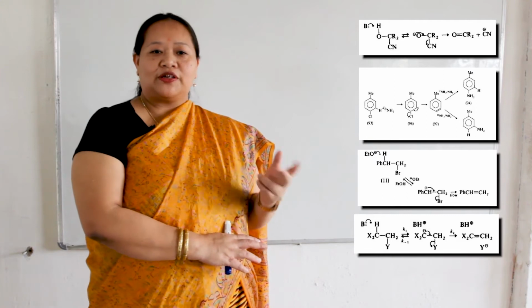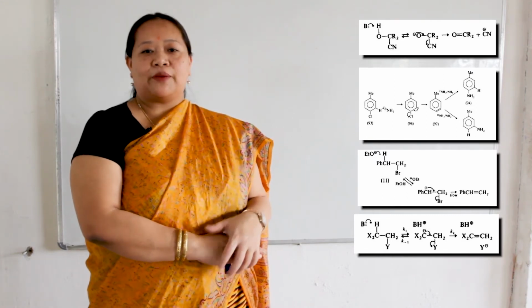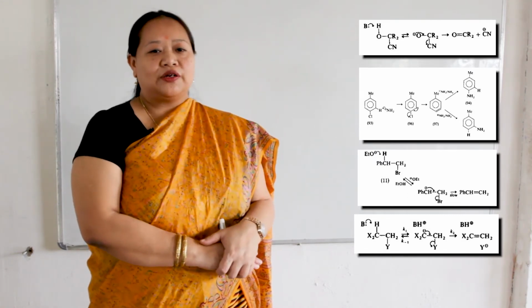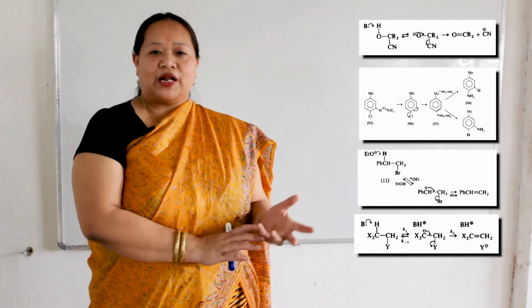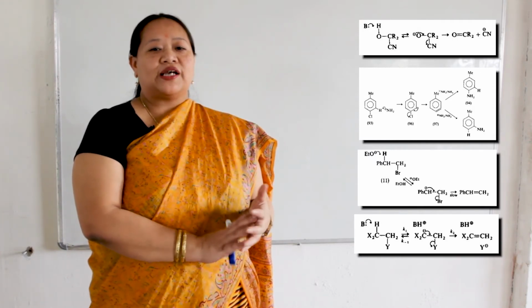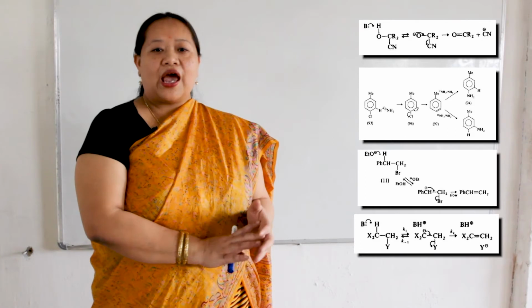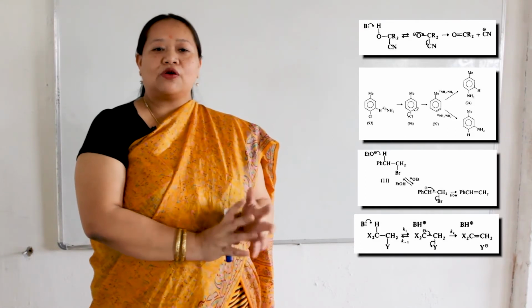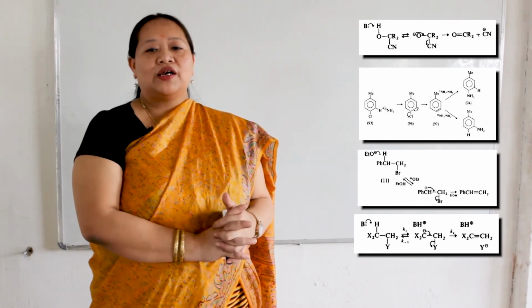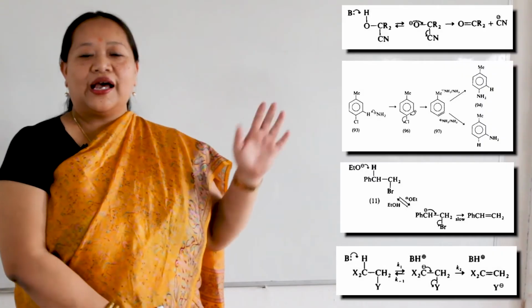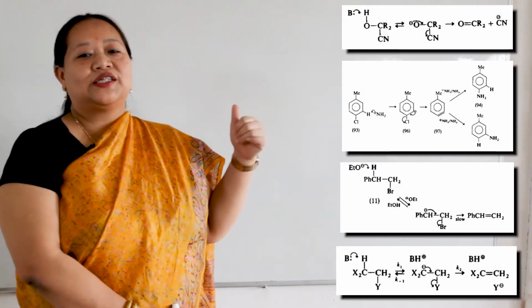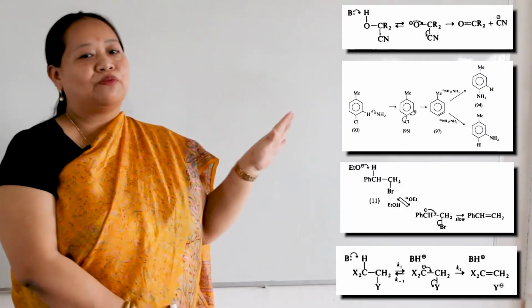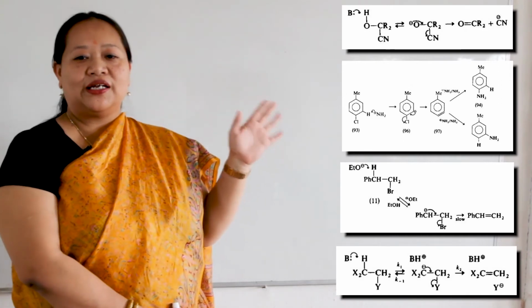The first step is the fast and reversible abstraction of the beta hydrogen by the base to form the carbanion intermediate, followed by the second step, which is slow and rate limiting, that is the loss of the leaving group to form the alkene. As you can see, step 1 is the abstraction of the proton by the base to give the carbanion intermediate.